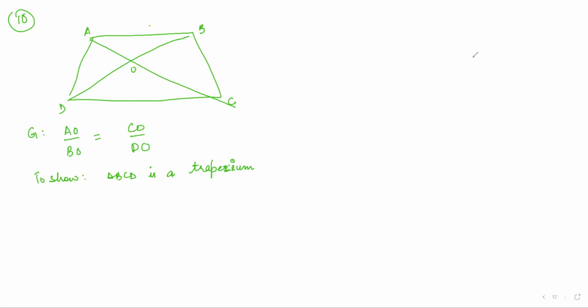See, square means... Are you there, Sarah? Please unmute yourself. Okay, I'm not able to hear you. Sarah, please speak up.